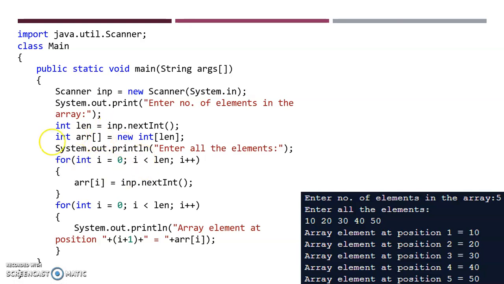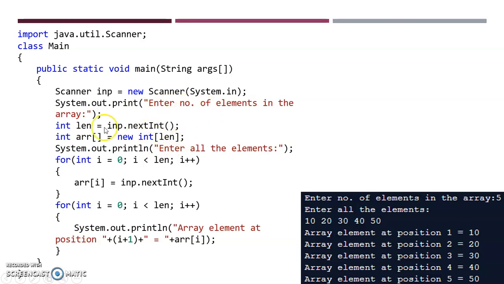Suppose you are not familiar with the number of elements; you simply declare an integer array that can hold 50 values. In that case, you can write int arr = new int[50]. It means arr is an array that can hold a maximum of 50 values.